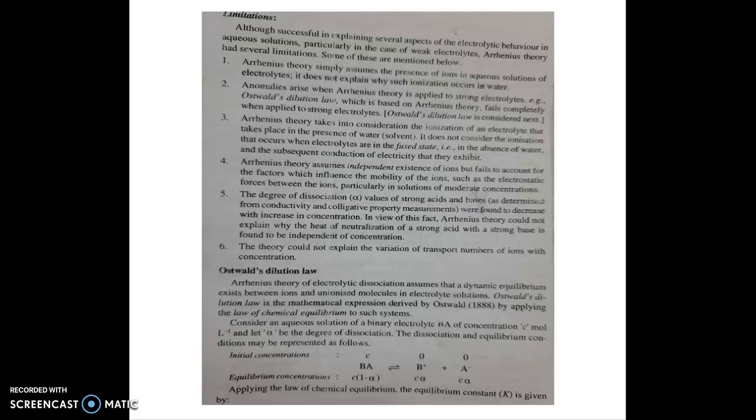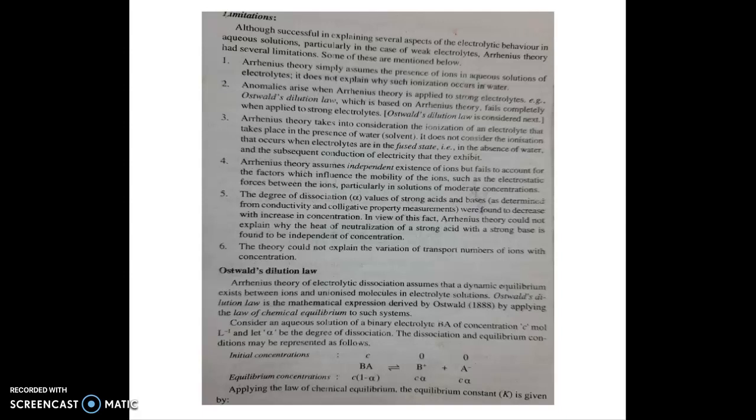Next, what is Ostwald dilution theory? According to Arrhenius theory, there will be a dynamic equilibrium between the ions and the unionized electrolyte in solution. Ostwald explained this in a mathematical way by applying the law of chemical equilibrium to such a system. Considering an electrolyte BA, the initial concentration is C before dissociation.